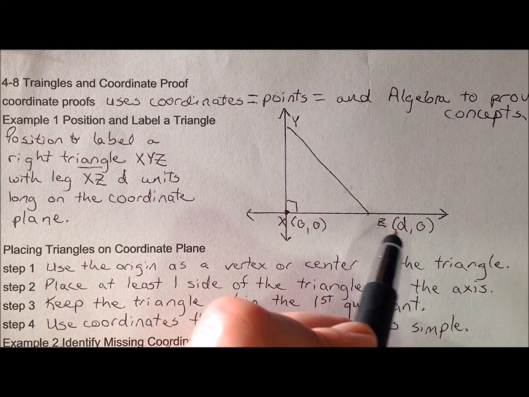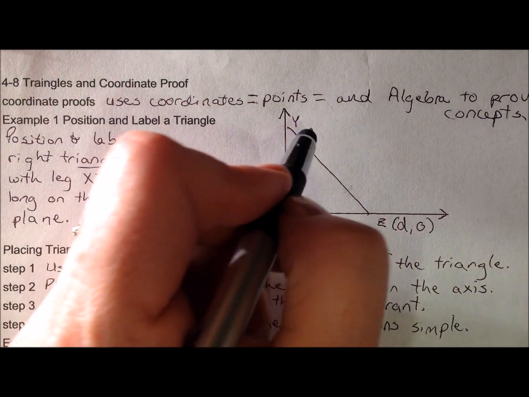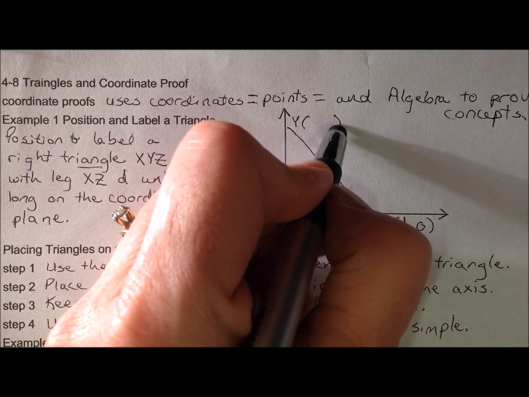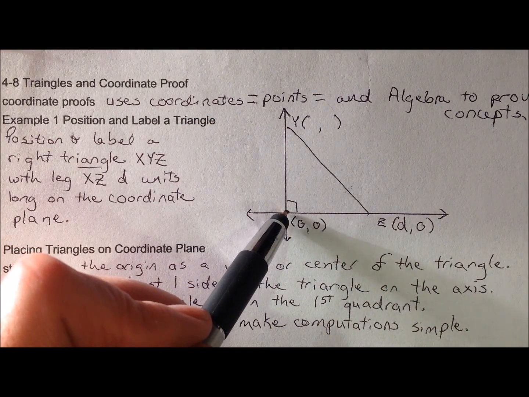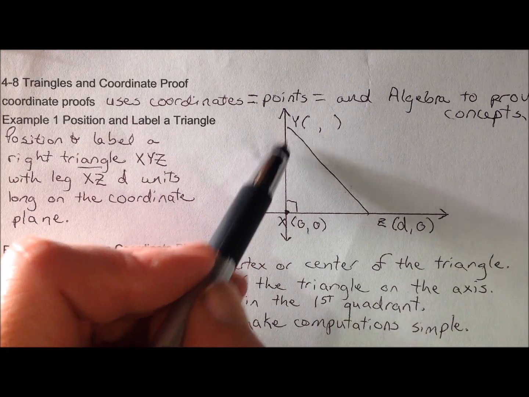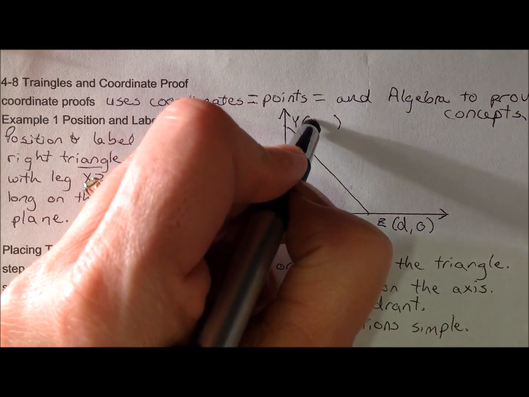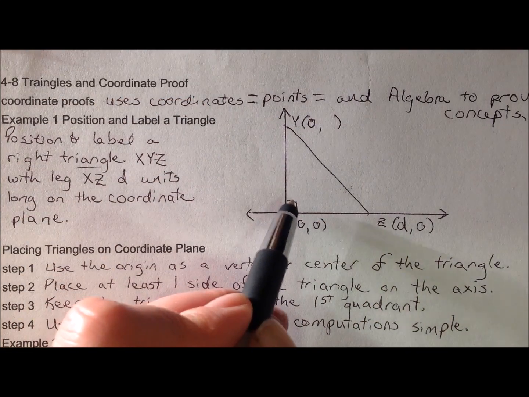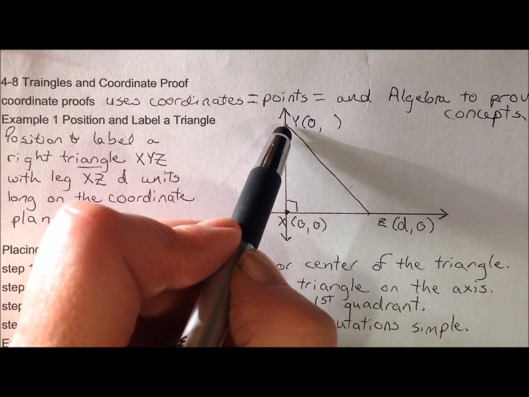Well, that's great for this coordinate. Now what about y? Do we know anything about the coordinates for y? Yes, we do. The x coordinate is going to be 0, so we're going to fill in a 0. Do we know the y coordinate? Do we know how far we had to count up here?